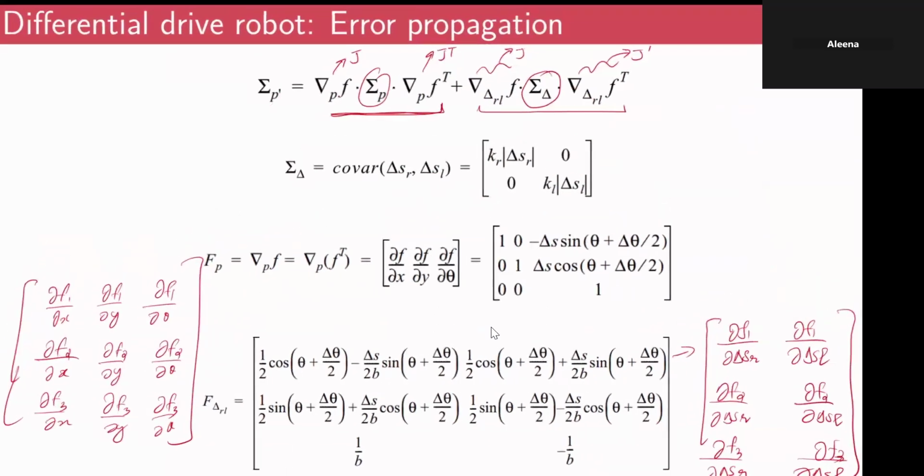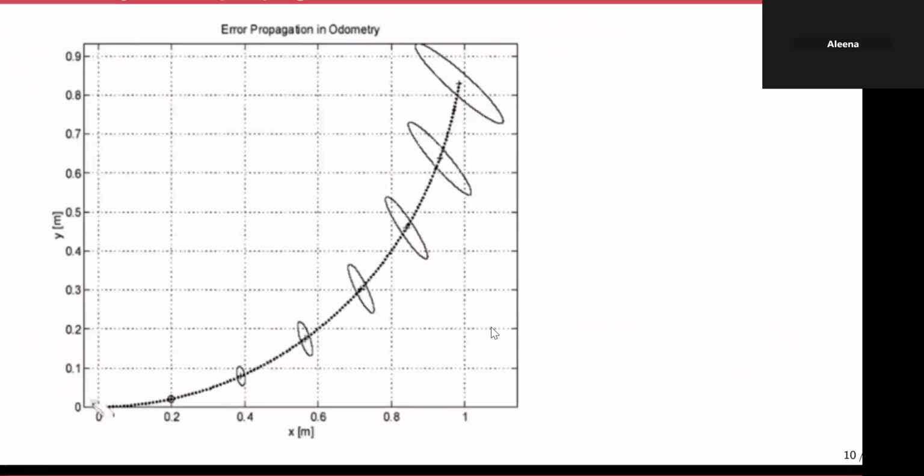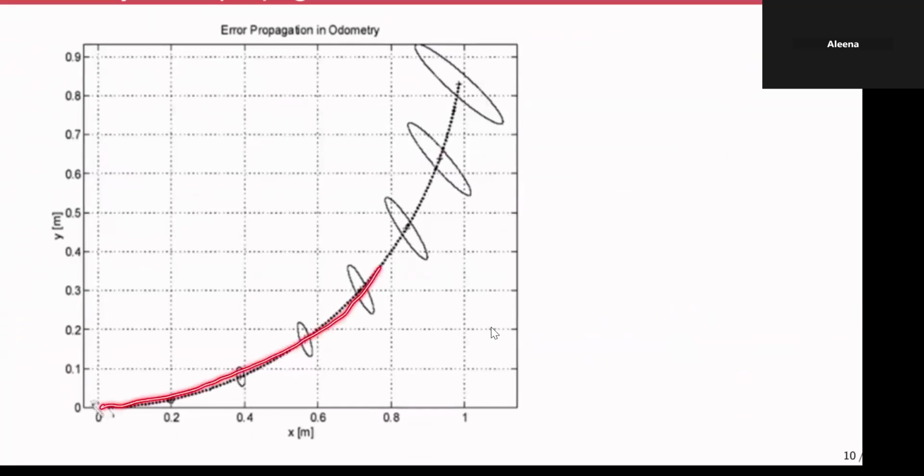So that is how these errors are propagating, and you can see how the error propagation is going to happen. So this is how you want your robot to move in the XY plane. This is the proposed trajectory of the robot, and as you can see, at the initial position there is no error, because we know exactly where we are putting our robot, and once we have kept it at a position, the robot moves on its own.